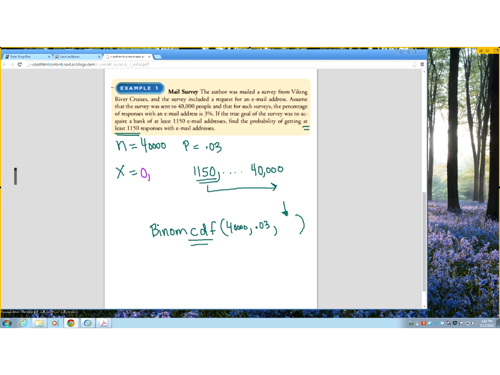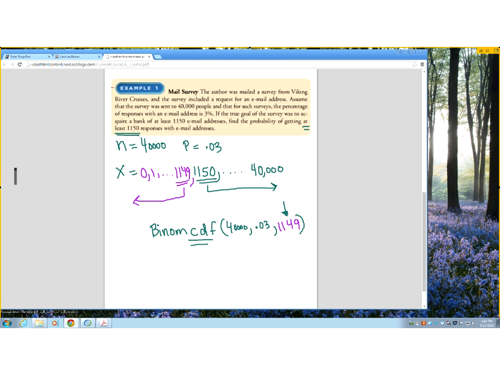This is the one where we find the probabilities of what we don't want. So 1,149 all the way to 0. If you're looking at everything to the left, that's how the CDF works. If we calculate those, we could put 1,149, and that gives us what we do not want.